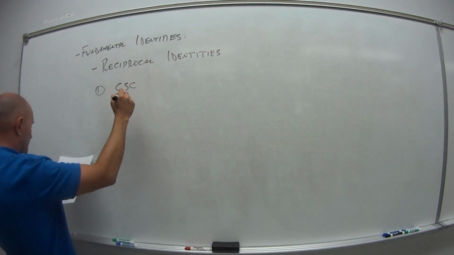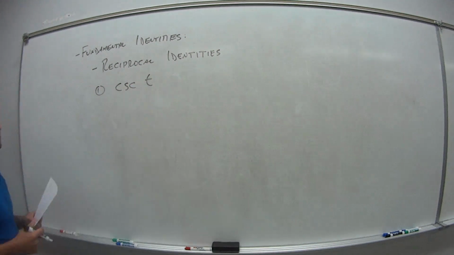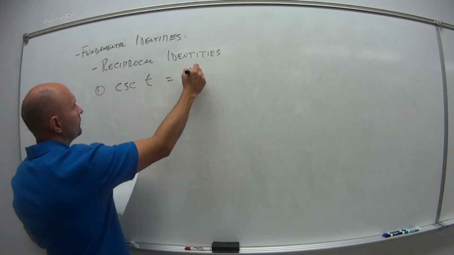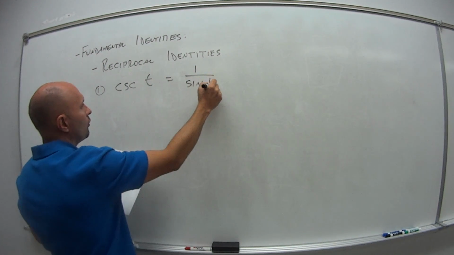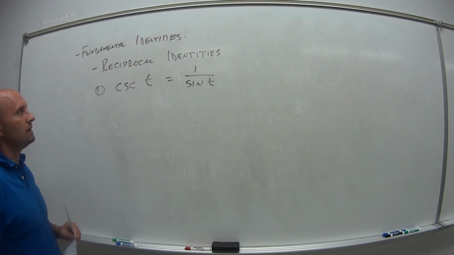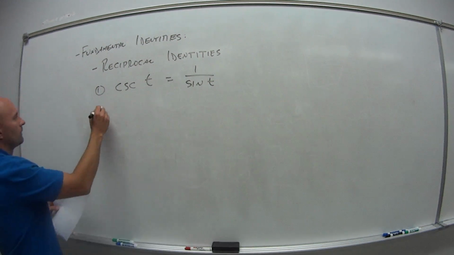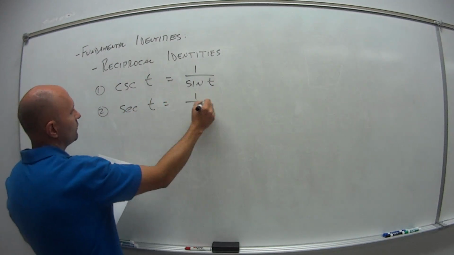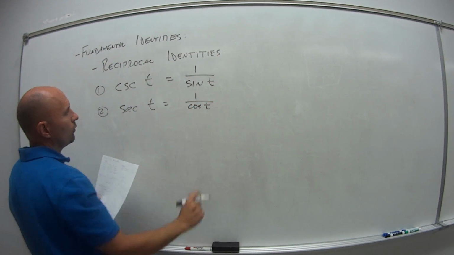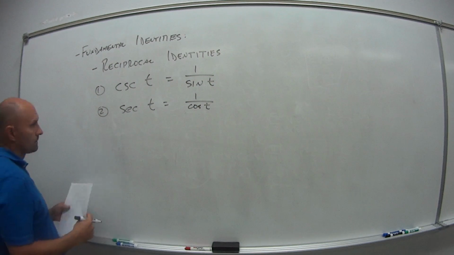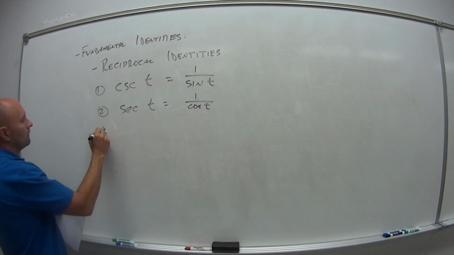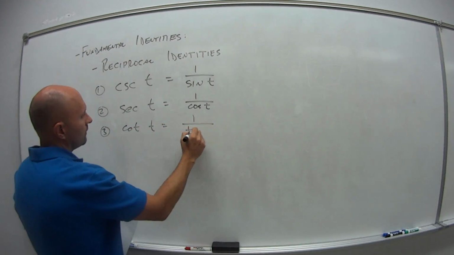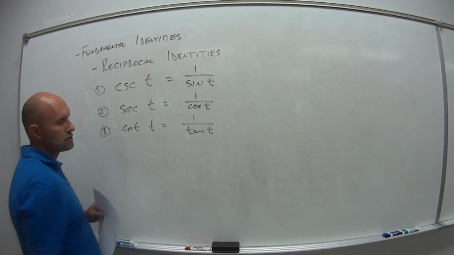So cosecant of t, which we kind of saw when I was introducing the x's and y's and so forth, is just the same as 1 over sine of t. Secant of t is what? It's 1 over cosine of t. Cotangent of t is 1 over tangent of t.